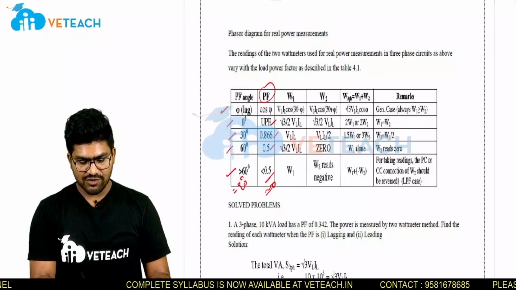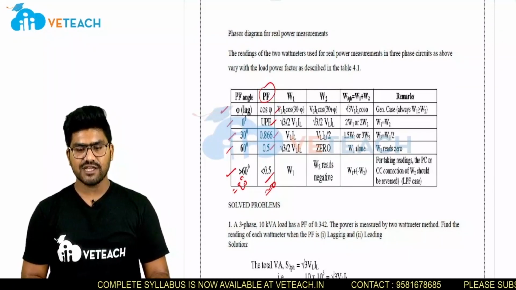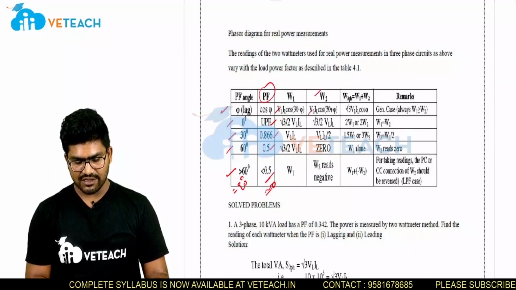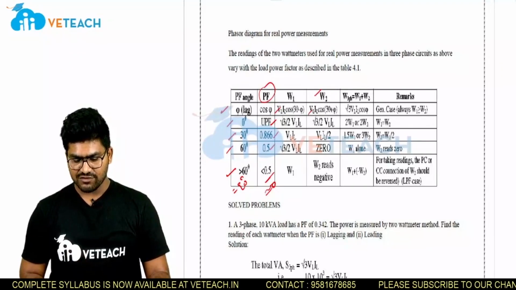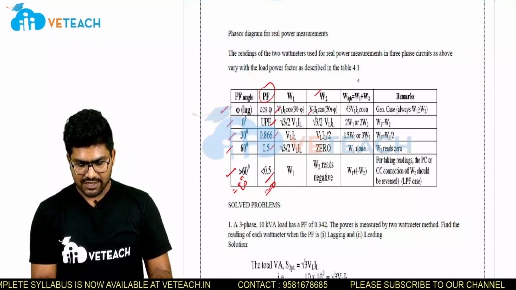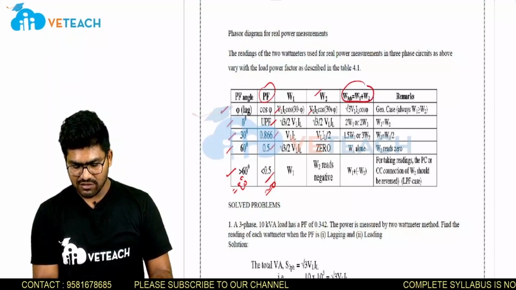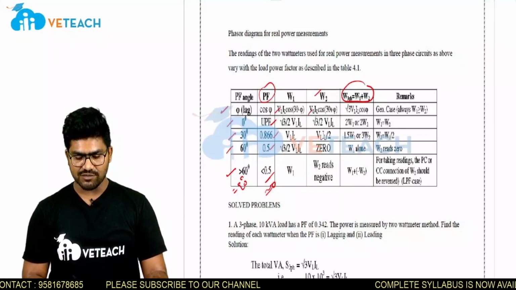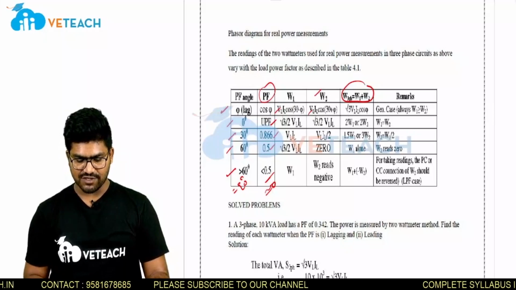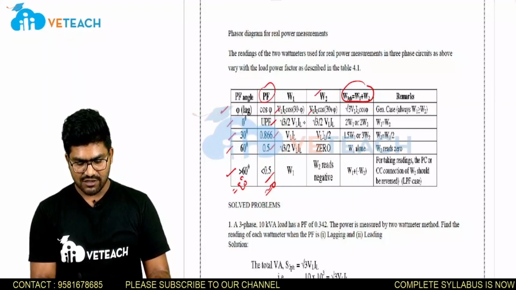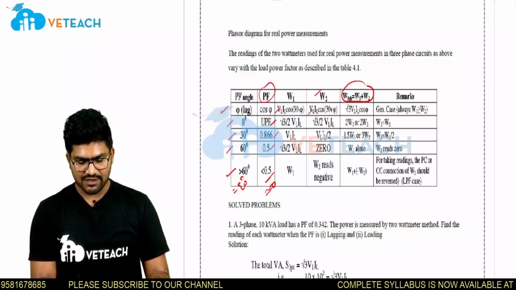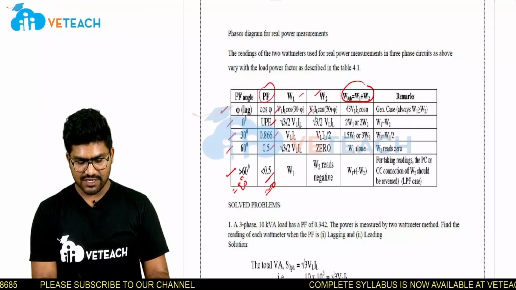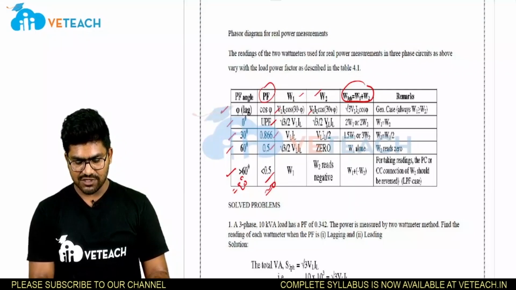Now W1 we got as VL IL cos(30 minus phi), and W2 as VL IL cos(30 plus phi). So what are the readings of W1 and W2? The total wattmeter power W1 plus W2 is root 3 VL IL cos phi. If the power factor angle is 0, then W1 is root 3 by 2 VL IL and W2 is root 3 by 2 VL IL.